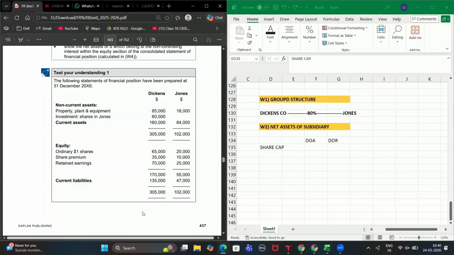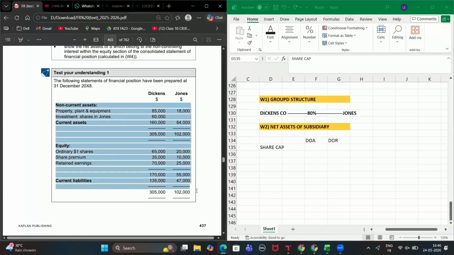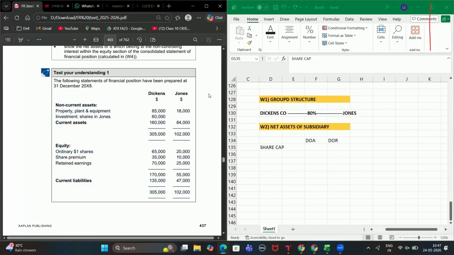I'll repeat my question once again. You can see the values they have mentioned here, right? Where does this value belong to?